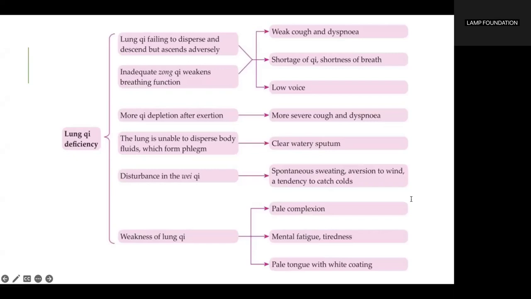This means that teachers, lecturers, actors, and singers can have a tendency to develop lung qi deficiency. Excessive consumption of spicy food can spread and expel lung qi through the pores in the skin. Lung qi deficiency can be an aspect of other qi deficiency patterns, and therefore their etiology can also be involved in the generation of lung qi deficiency.